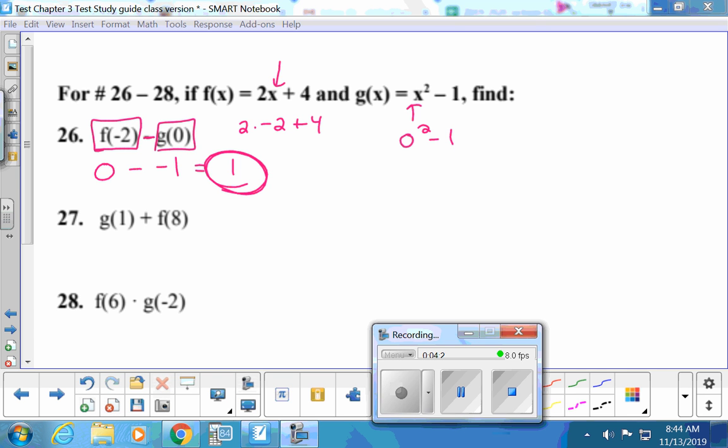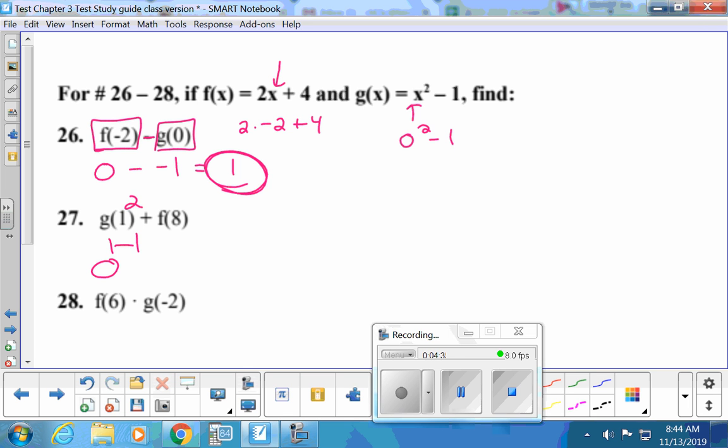Okay, you're on record. So we'll do this to the power of 2, and then that'll be still 1, and then that'll be 1 minus 1. That will be 0. So what he got was g of 1 equals 0, and that is correct. Continue. Okay, and then you have f of 8, so it'll be 2 times 8.